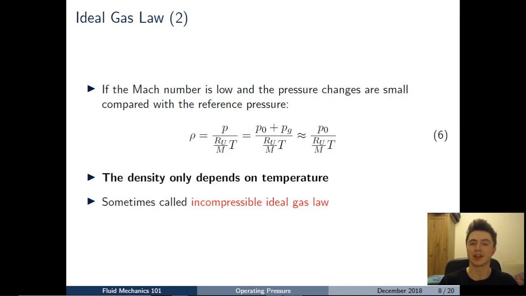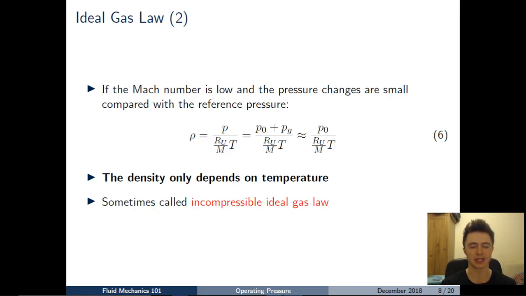And what that means is that the gauge pressure, which we compute, it captures the pressure changes in the flow field, is very small compared to that operating pressure, P naught. Remember, P naught could be 101325, it could be the atmospheric pressure, and is likely to be much larger than the gauge pressure.